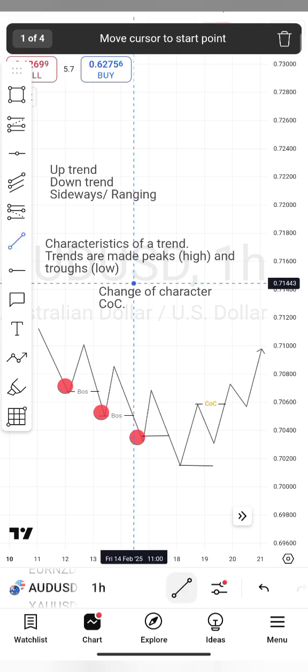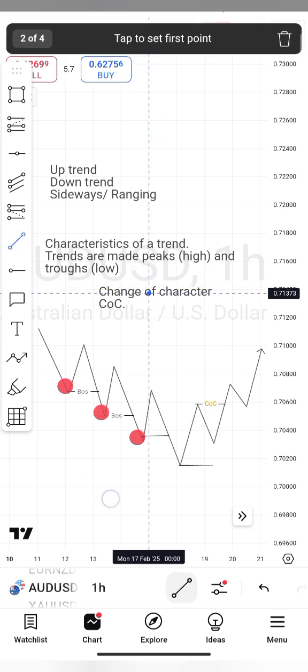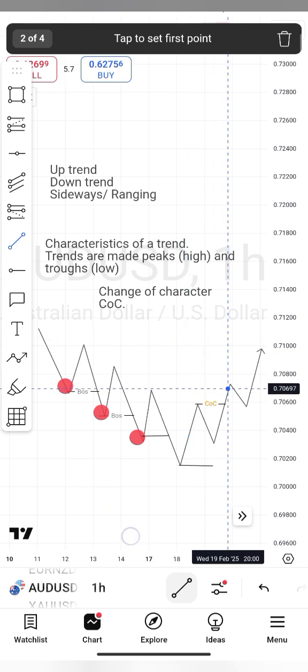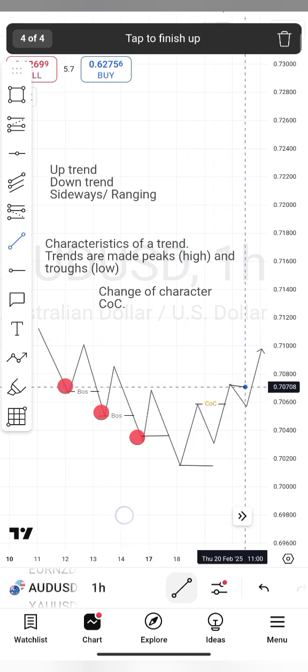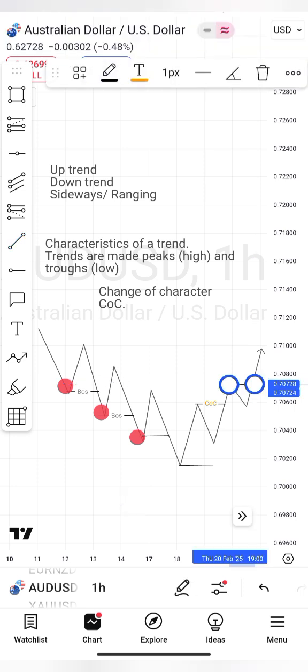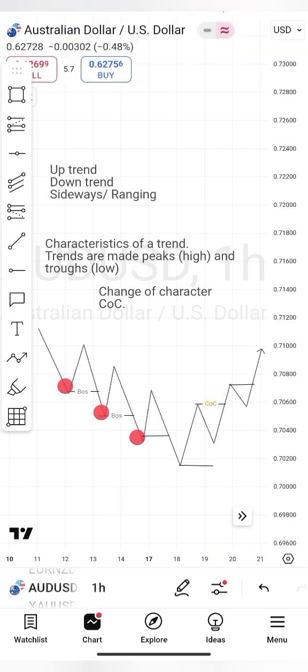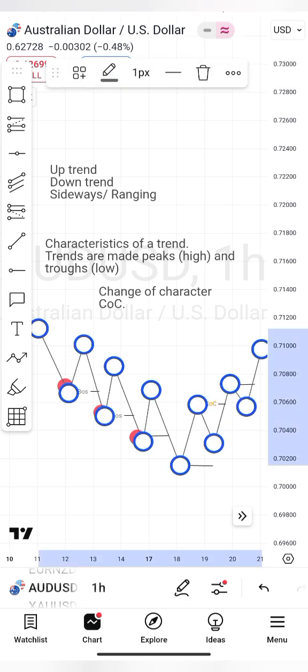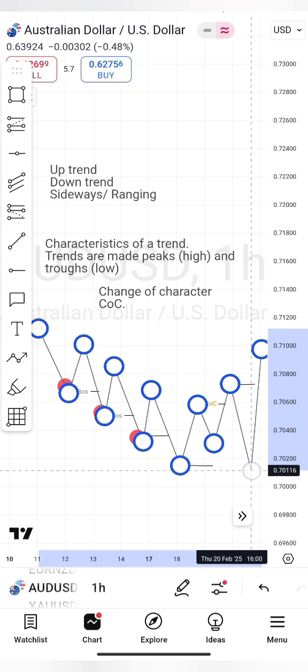After a change of character, what you need to confirm that we have changed from downtrend to uptrend is a break of structure. Because sometimes the market moves strangely. The market might give you a change of character, yes, and then comes back here.